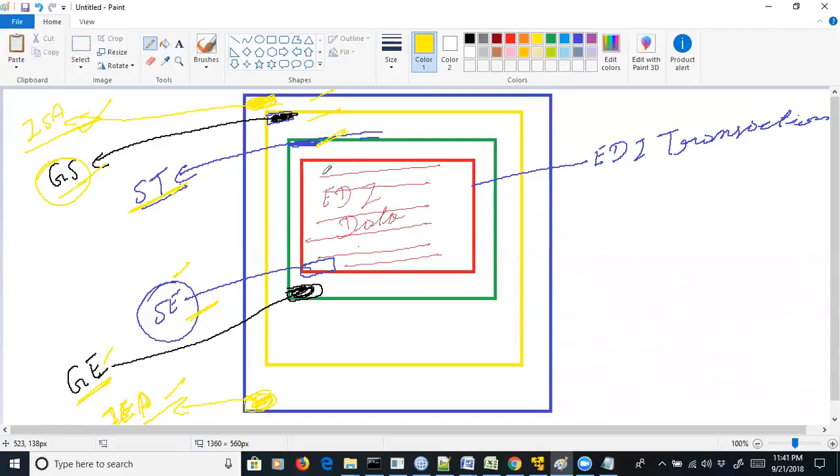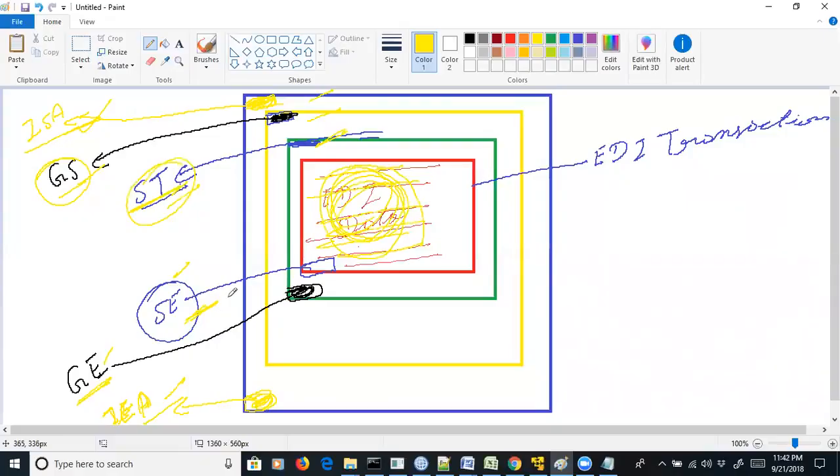For now, just understand that this one purchase order will have 1, 2, 3, 4, 5, 6 lines. These 6 lines always have to be enclosed by an envelope called the transaction envelope. The header of the transaction envelope is ST and the trailer is SE.